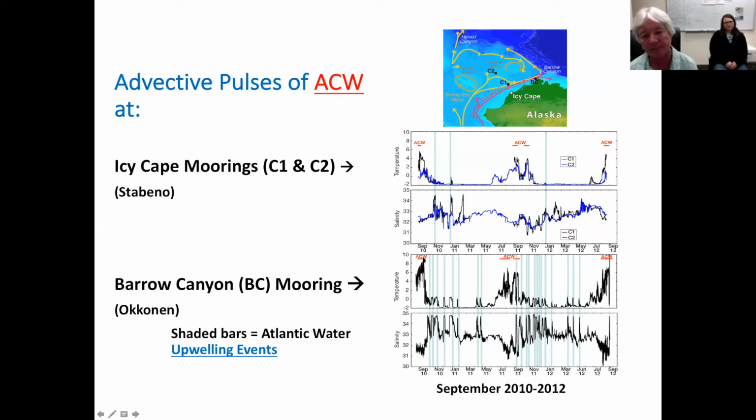And you see it in Steve's moorings here. And then also the shaded bars. These are upwelling events that are marked more frequently, obviously, at Steve's mooring. And this is upwelling of Atlantic water through Barrow Canyon, but it reaches as far as the moorings off Icy Cape. But again, the pulsive nature of this, so that you see this strong seasonal signal. And then during some of those seasons, these pulses, upwellings of water through Barrow Canyon.